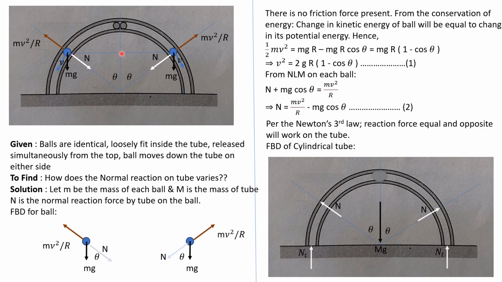So the potential energy at this location, R is the radius, R cos theta is this one. So mgR cos theta will be the potential energy of each ball at this location. So mgR minus mgR cos theta will be your change in potential energy. So this is what has been nomenclated as equation number 1.